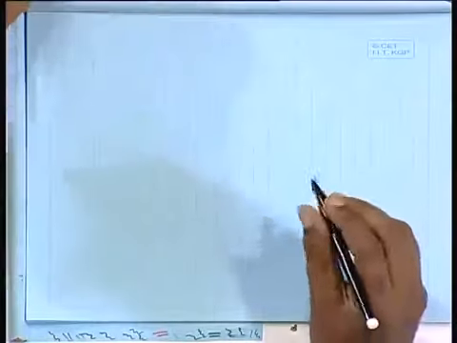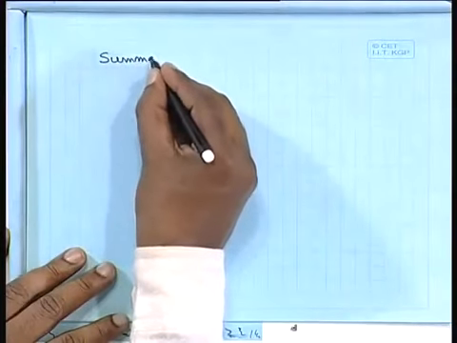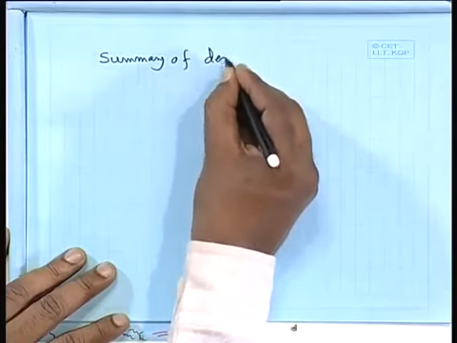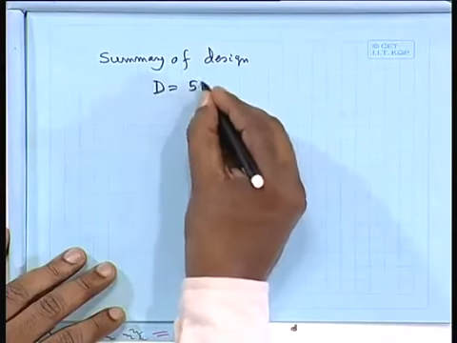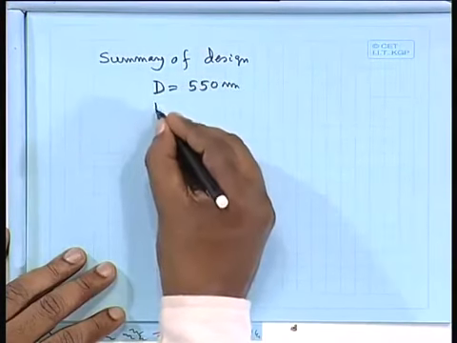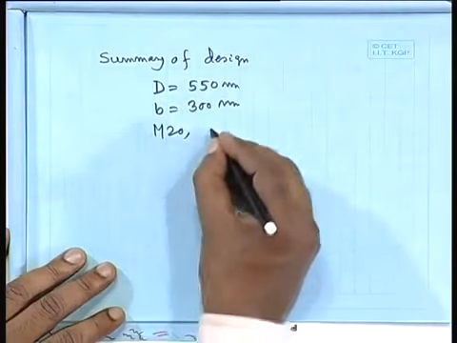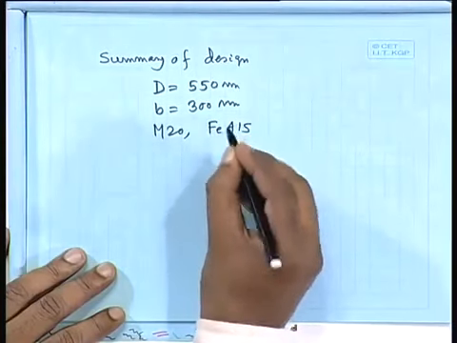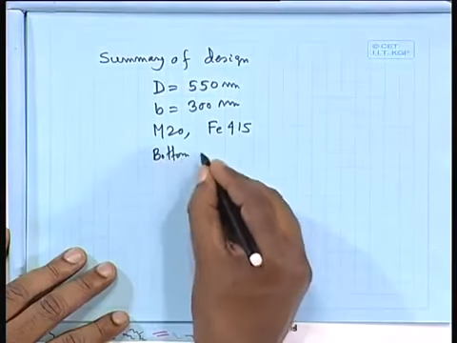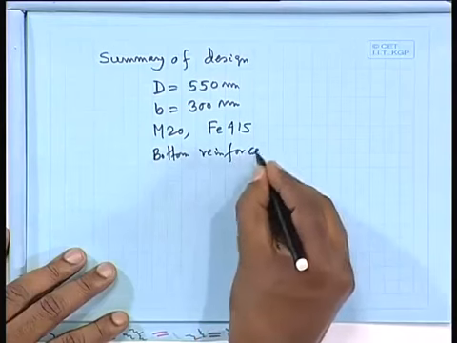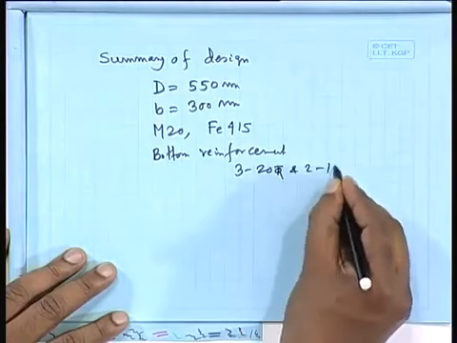So let us summarize the thing. So D, that we have provided 550 millimeter, B 300 millimeter, M20, FE 415, then bottom reinforcement, three 20 torr and 2 16 torr.